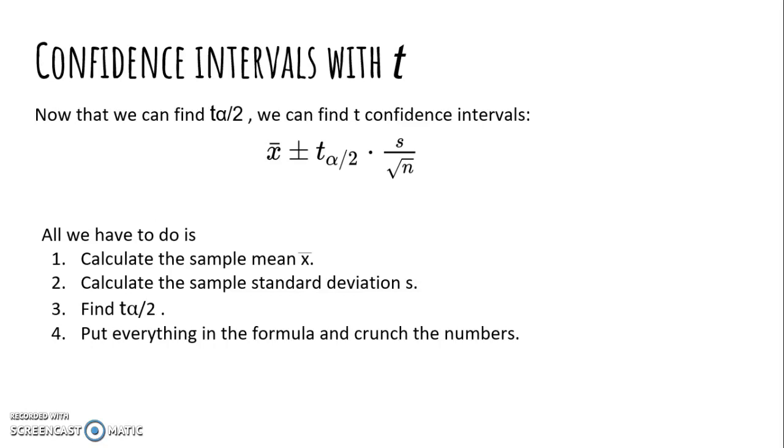You're going to do your point estimate, which is x bar, plus or minus the margin of error, and to find the margin of error we multiply the t critical value rather than the z times the sample standard deviation over the square root of n. So we find these numbers, we plug them in, we crunch the numbers, we're done.